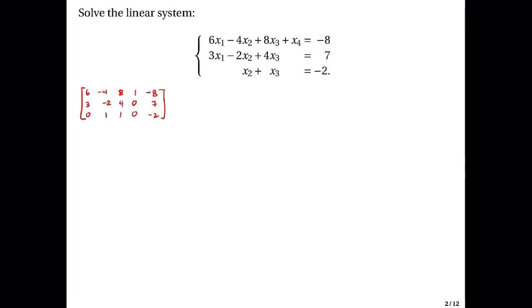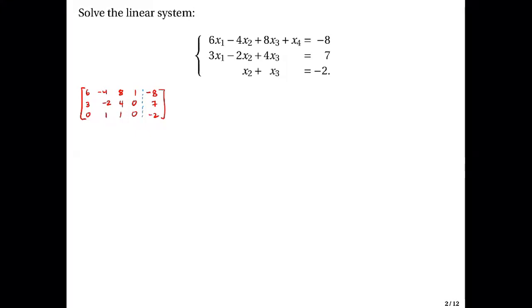From this augmented matrix, what we're going to do is find the reduced row echelon form. And then once we have the reduced row echelon form, we can give the general solution of this linear system.